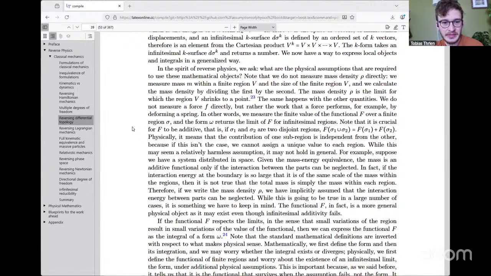Therefore, if we write mass density rho, we have implicitly assumed that the interaction energy between parts can be neglected. While this is going to be true in a large number of cases, it is something we have to keep in mind. The functional f, in fact, is a more general physical object, as it may exist even though infinitesimal additivity fails.